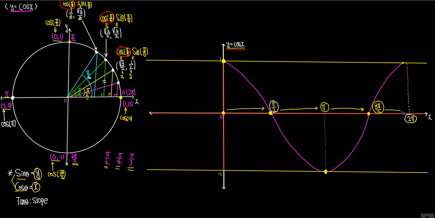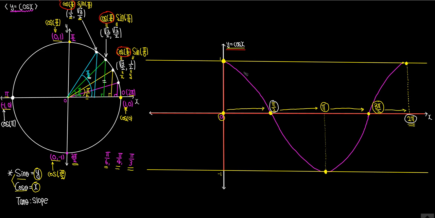And lastly, as the angle finishes at 2 pi radian and finishes the period, the cosine of 2 pi radian is equal to positive 1, and the positive 1 will also become a maximum value for the y is cosine x graph. So from 0 all the way to 2 pi radian, this is the first graph with the period of 2 pi, just like the y is sine x graph, from 0 to 2 pi radian.